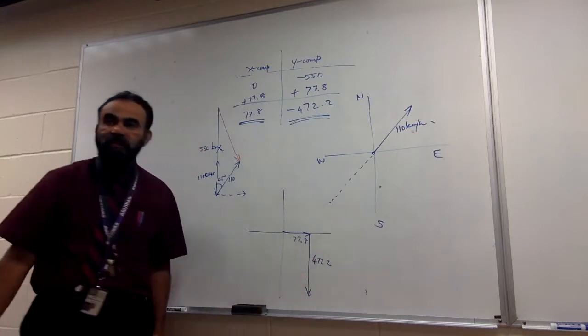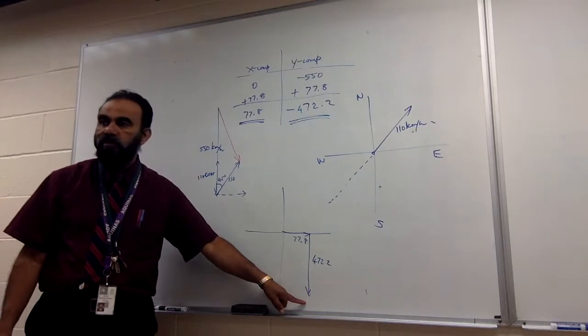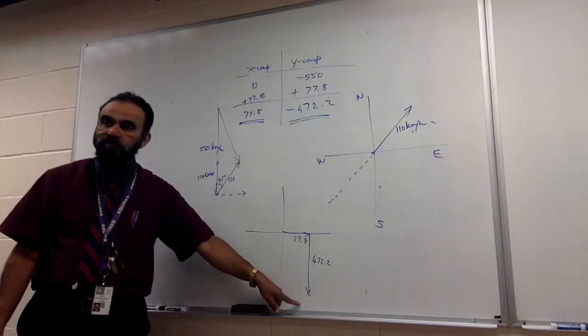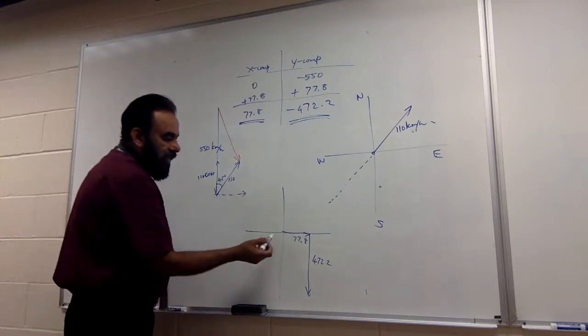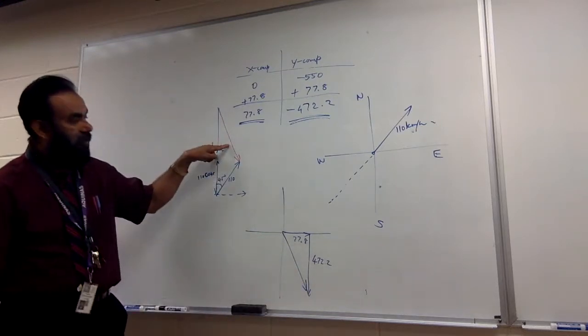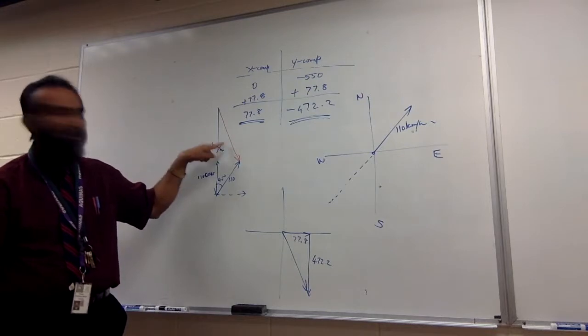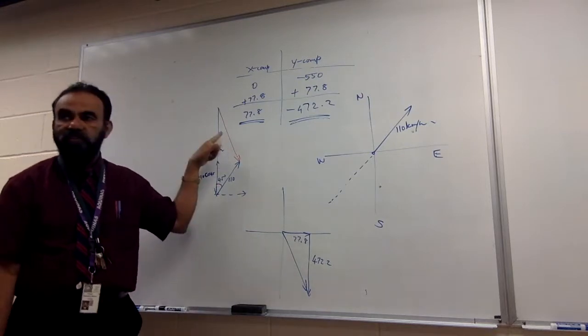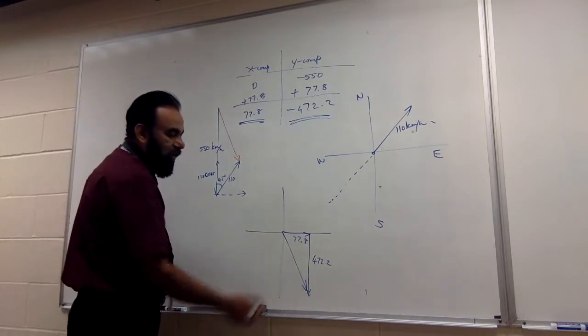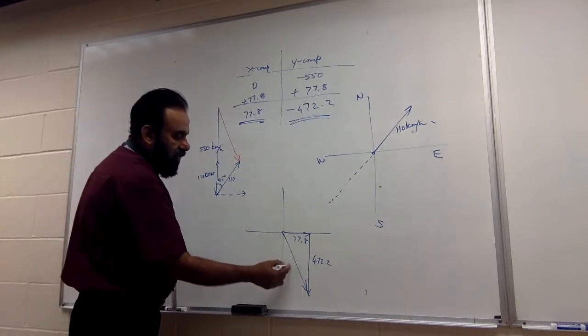Watch, I'm not putting the negative sign because the arrow is taking care of the negative sign. And then the resultant of this is here. You can see that you are on the right track when these directions are correct. So this is what you want to find out: what is the resultant?